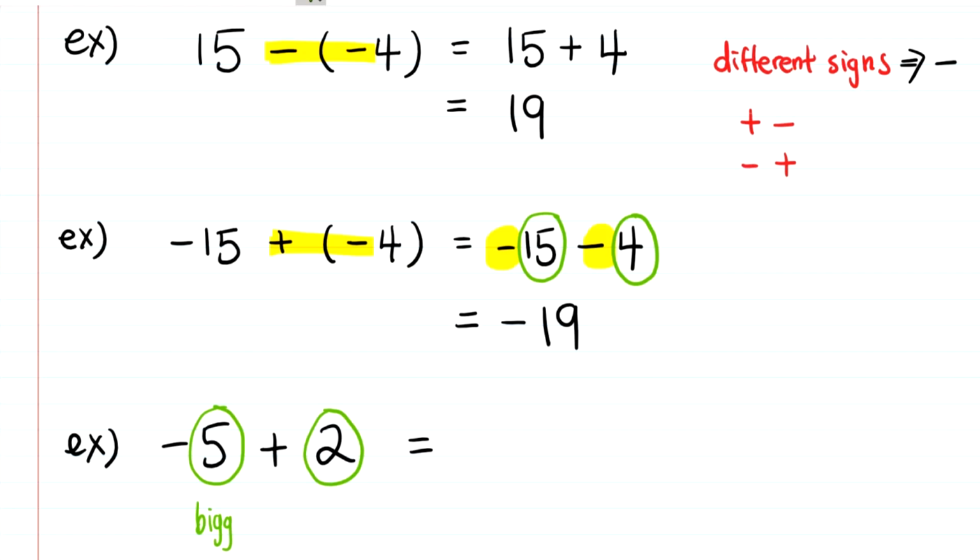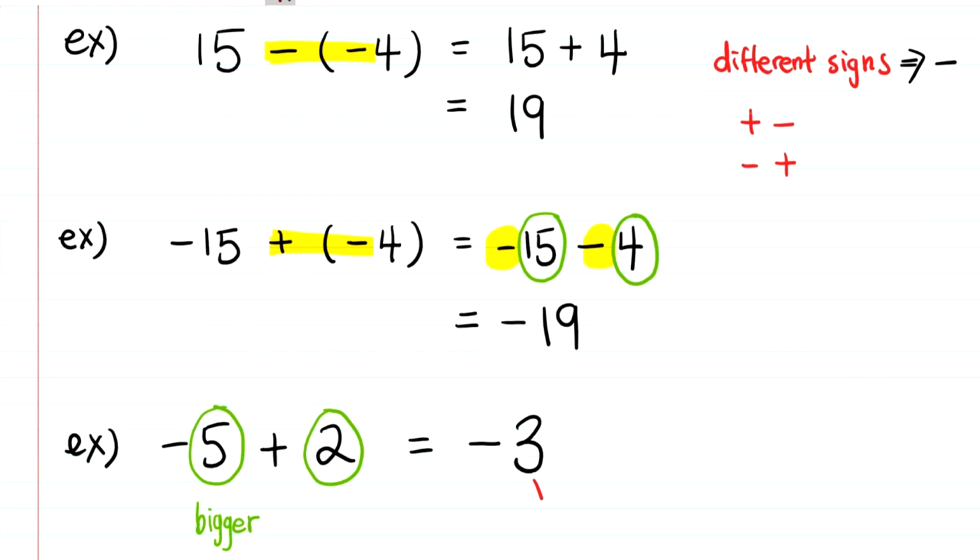We don't care about the sign when you're deciding the sign of the answer. So 5 is bigger, so that means the answer will have the same sign as the number with the bigger magnitude. It's called the magnitude. So it will be negative. And since they have opposite signs, 5 is negative, 2 is positive, the answer will be the difference of these two numbers, 5 and 2. What's the difference? 5 is 3 more than 2, so the answer is negative 3.